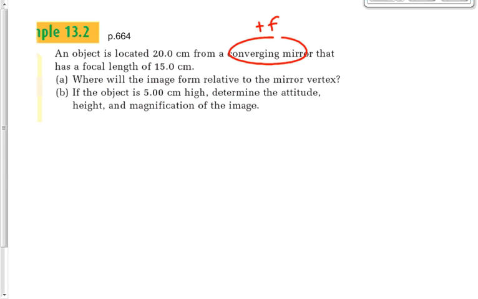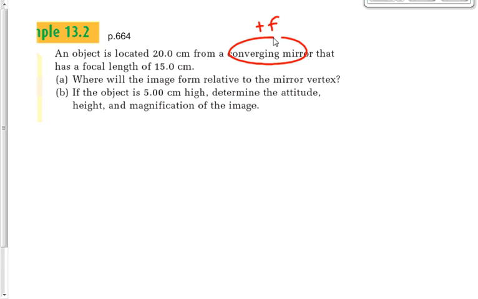If you don't remember that yet, that's okay. We just went through that. Take a look at your table when you're solving these problems. Don't be afraid to refer back to that table, just like you refer back to your data sheet. Once you've done enough problems, you'll get the hang of it, and you'll know when it's positive, when it's negative. A converging mirror has a positive focal length.